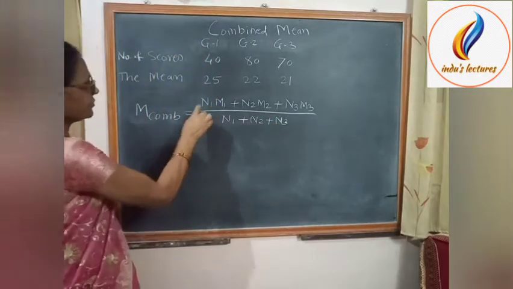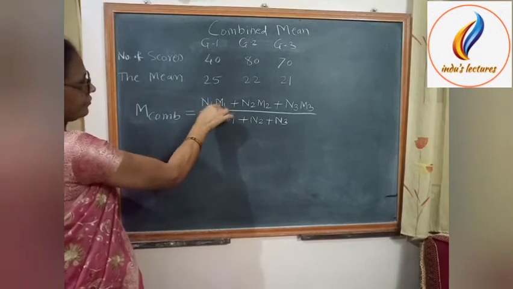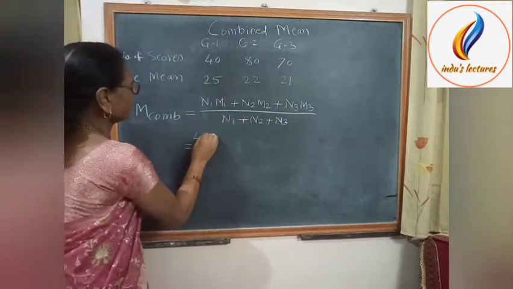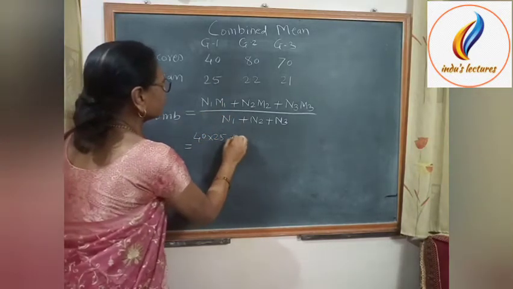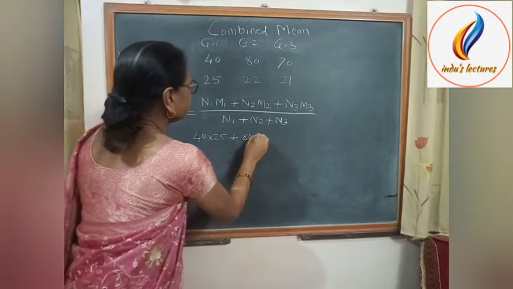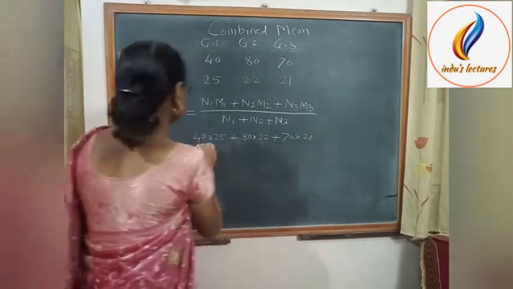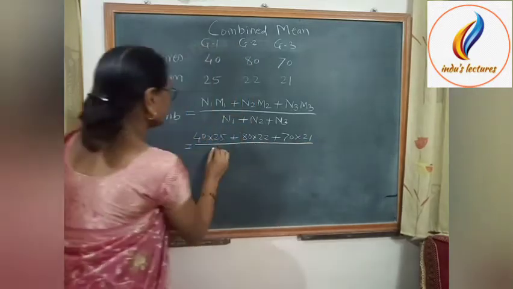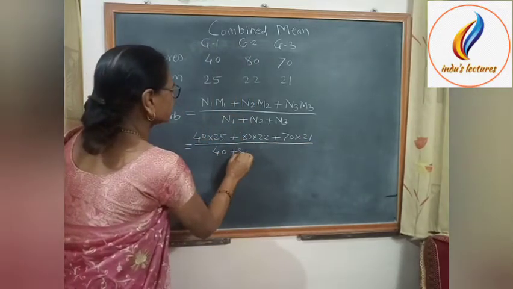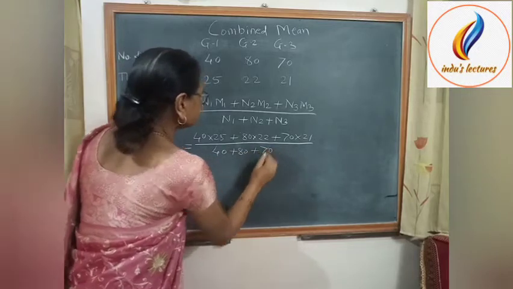Now put the values: n1 is 40, m1 is 25, that means 40 into 25 plus 80 into 22 plus 70 into 21, divided by 40 plus 80 plus 70.